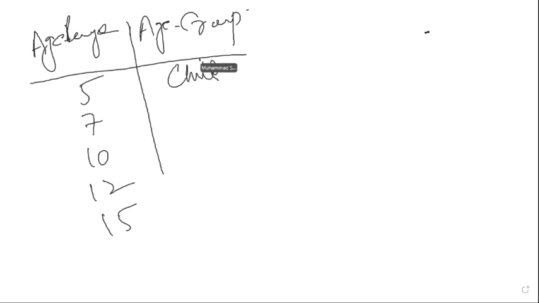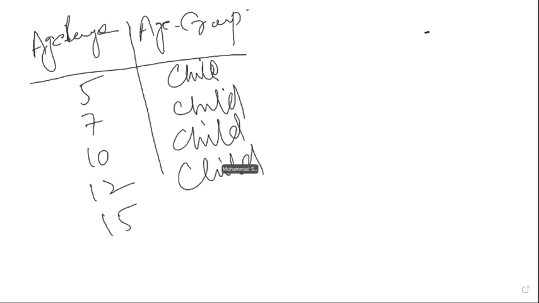Imagine we are using the same example, so we can clearly see the difference between programming and machine learning. 7 is child, 10 is child, 12 is child, but 15 is going to be teen, 19 is going to be teen, right? So just keep in mind that that's the data set we have.